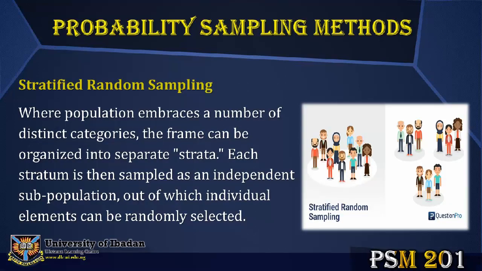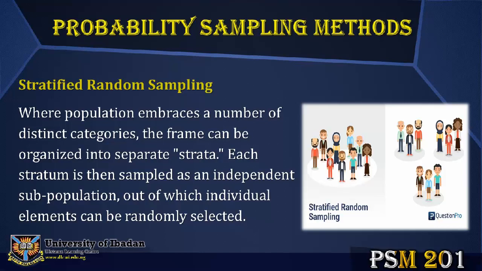Stratified random sampling. When population embraces a number of distinct categories, the frame can be organized into separate strata. Each stratum is then sampled as an independent subpopulation, out of which individual elements can be randomly selected. With this method, every unit in a stratum has equal chance of being selected.